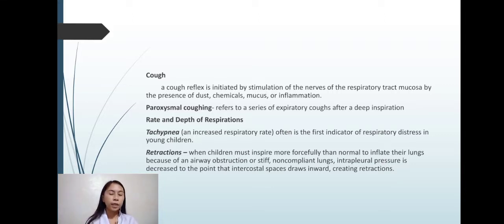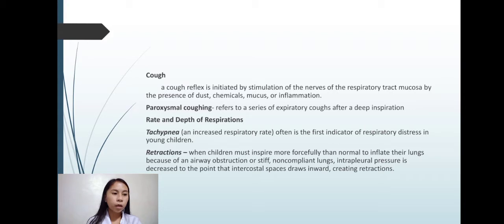The cough reflex is initiated by stimulation of the nerves of the respiratory tract mucosa by the presence of dust, chemicals, mucus, or inflammation. Paroxysmal coughing involves frequent and violent coughing that can make it hard for the person to breathe.